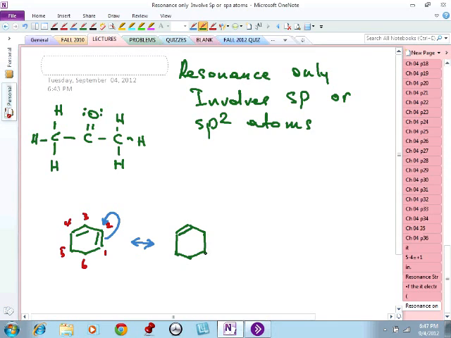So what will change is this pi electron here. What will be the charge on this carbon here? Carbon number 1? +1, because you move this electron away to here. So this becomes +1, and this becomes -1. Okay? Now, that is one resonance structure. Can you draw another resonance structure? Yes, that's what we're doing. Just move.